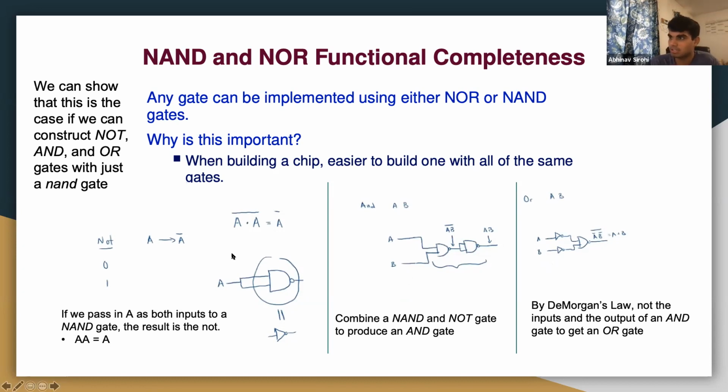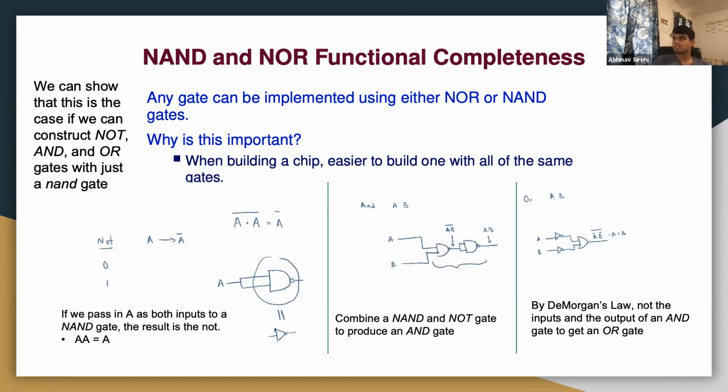So we took whatever we created here and put it over here. We just take the output of NAND and then do this to it, which is equivalent to NOTting it. And that results in an AND gate.